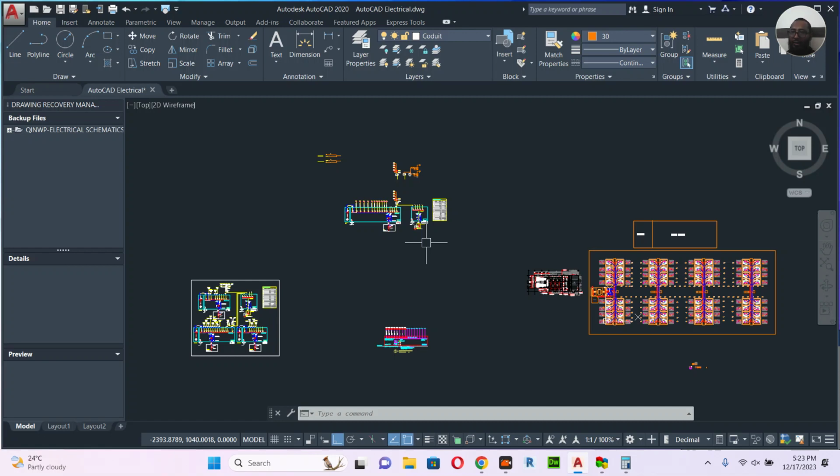As a draftsman or electrical designer, we just provide: we need CCTV here, and we put one cable like coaxial or Cat6, whatever cable.